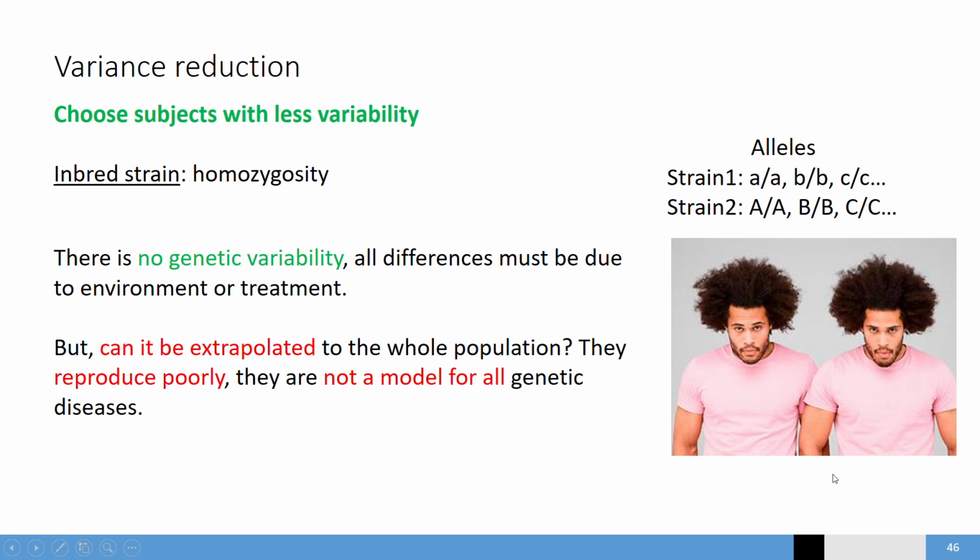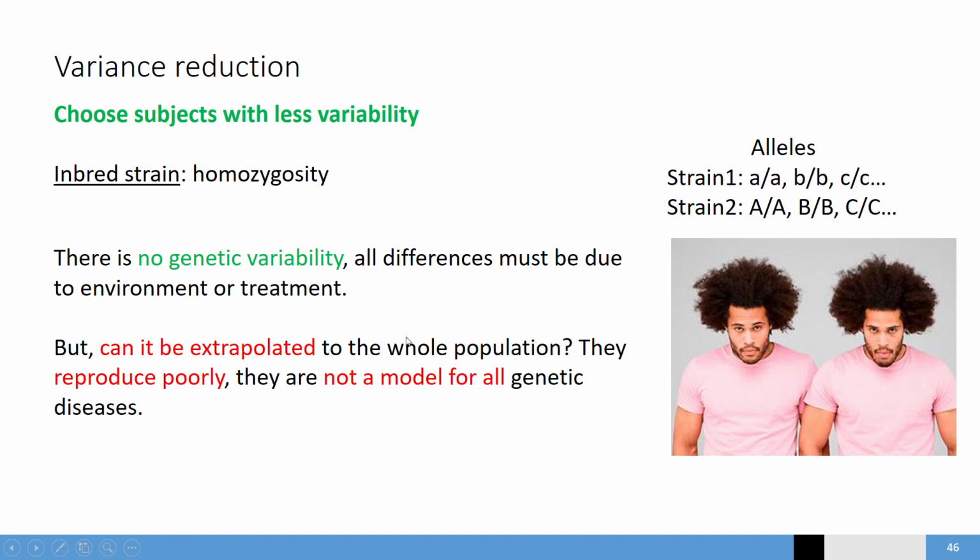So when you see a difference of 4 minutes between a set of twins and the same set of twins with now a different compound, how can you be sure that this finding of 4 minutes difference can be extrapolated to the whole population? And not only that, but these animals have viability problems.